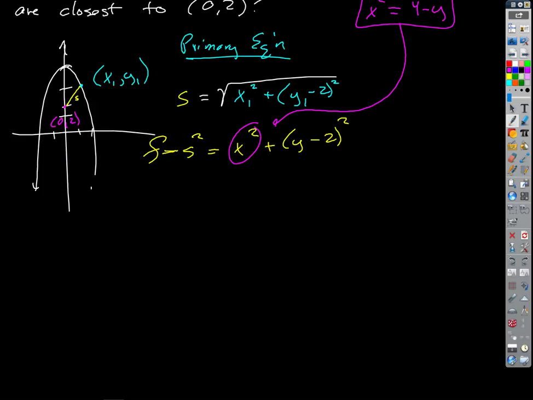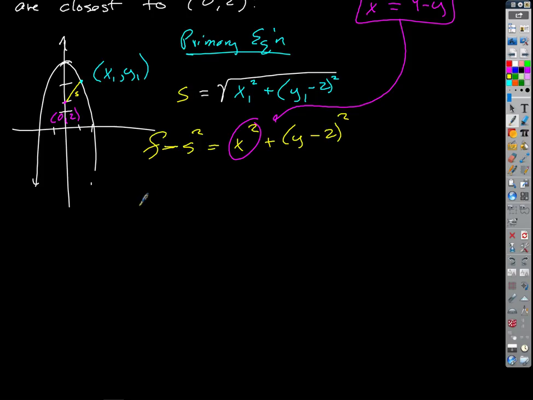And then we end up with f of y equals 4 minus y plus (y minus 2) squared, right? Okay, we could clean that up a little bit.